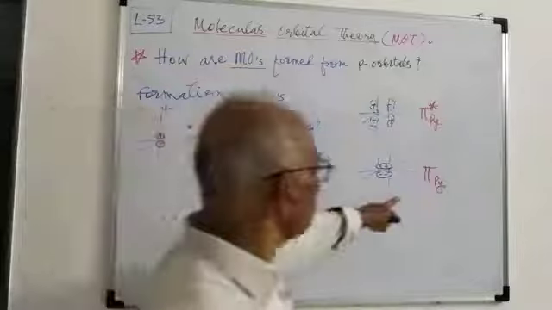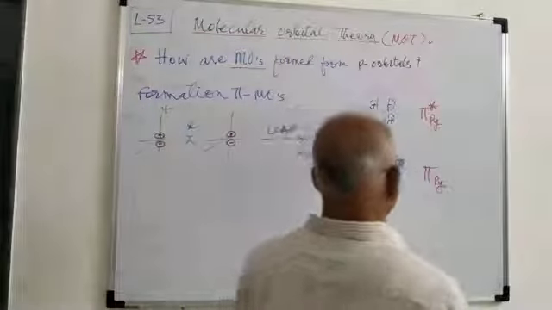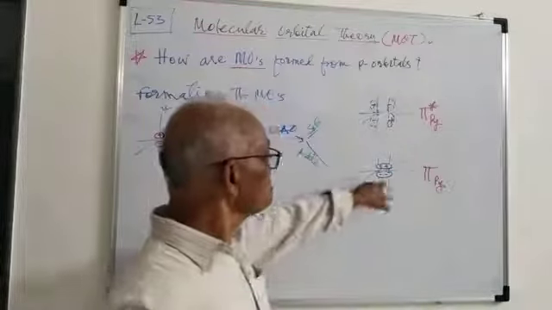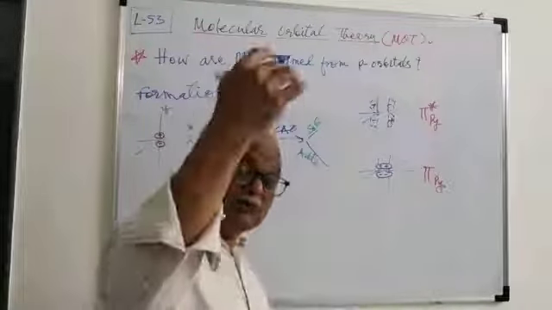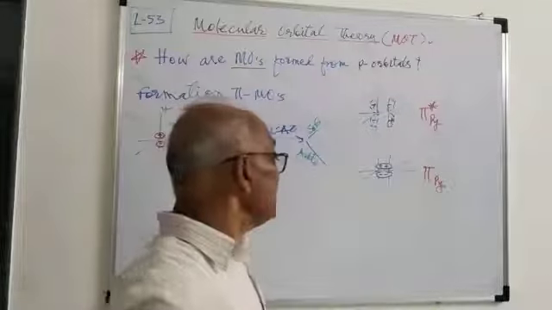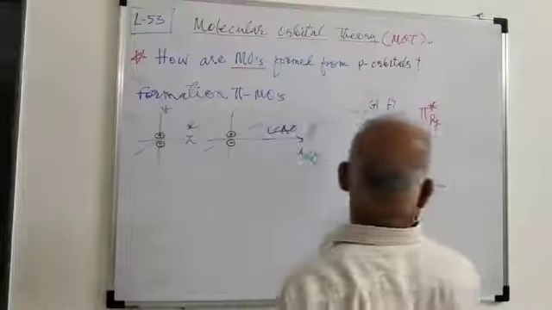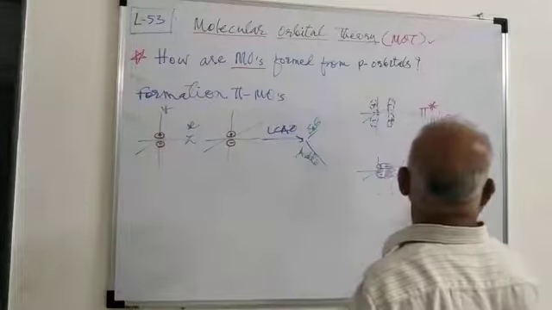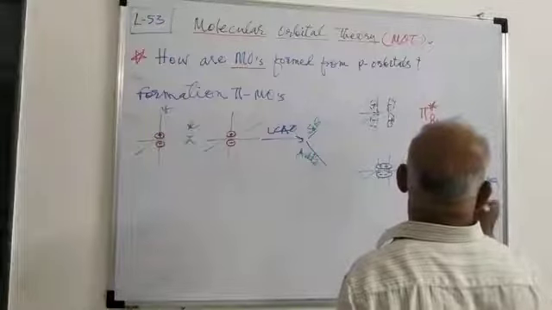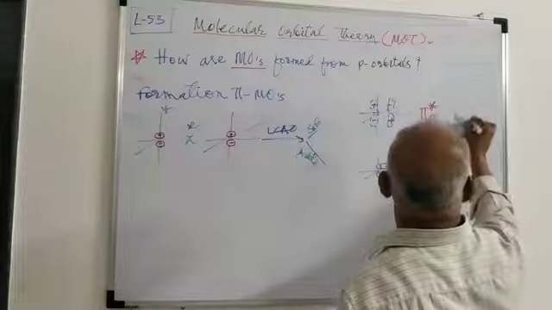So in this bonding molecular orbital, the electron density is concentrated between the two nuclei, but one is above the internuclear plane, and the other below. So here this is bonding MO and this is antibonding MO.